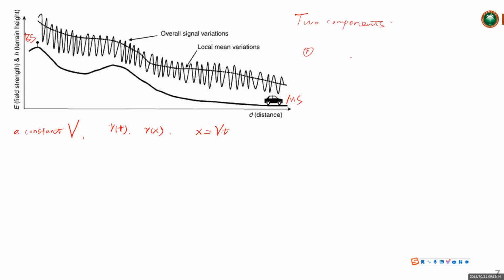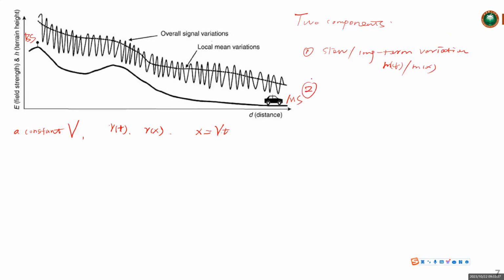We call it the slow or long-term variation, and we can name it m(t) or m(x).